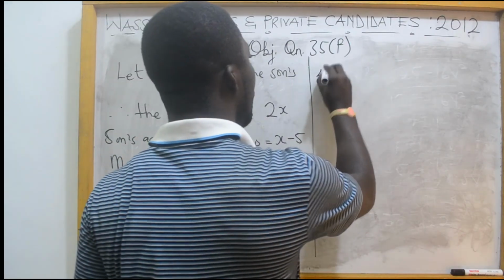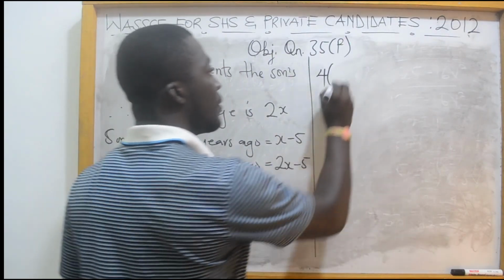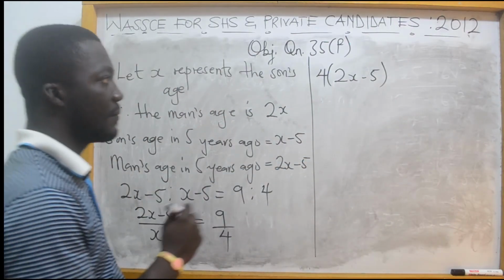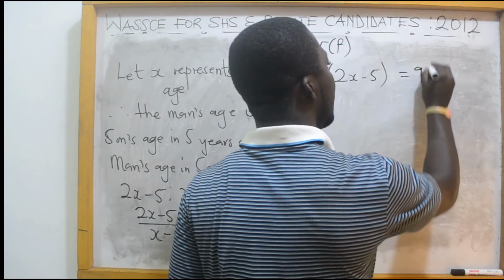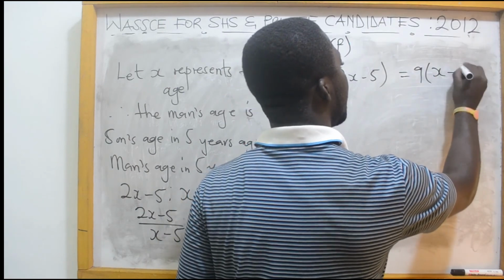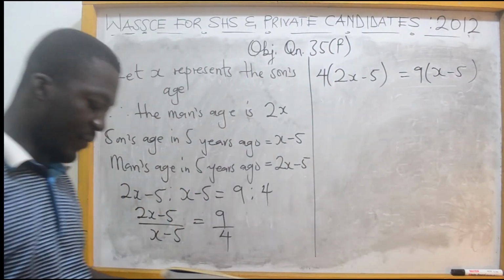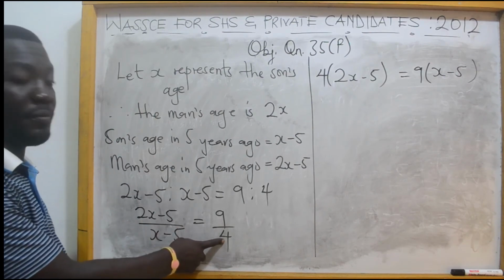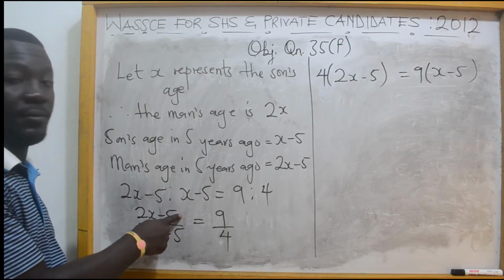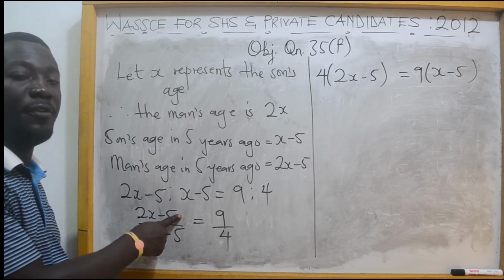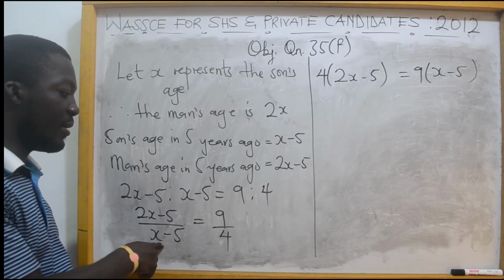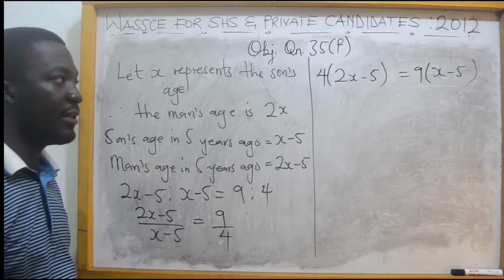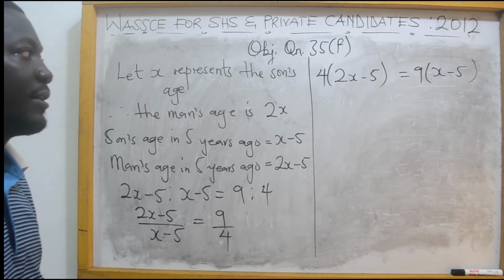And we'll get 4 into brackets 2x minus 5 then is equal to 9 into brackets x minus 5. This denominator crossed to the other side and became a numerator. And this denominator crossed to the other side and became a numerator.